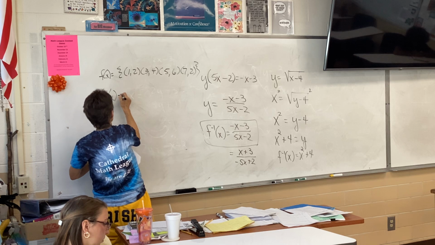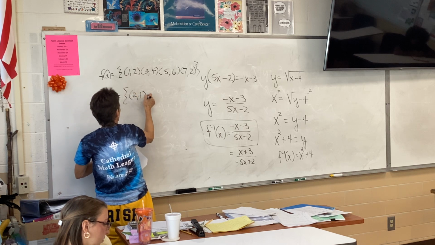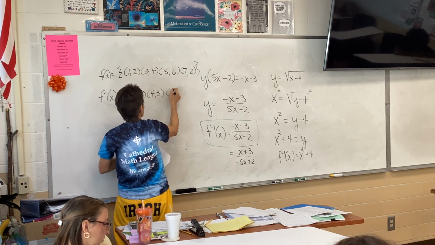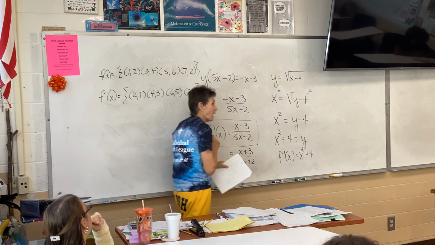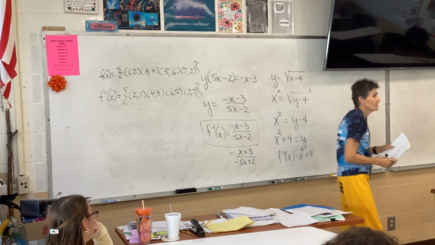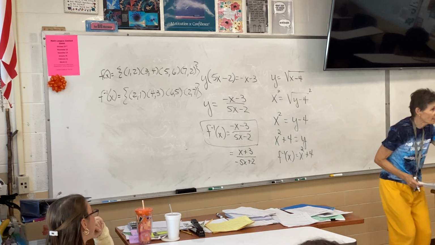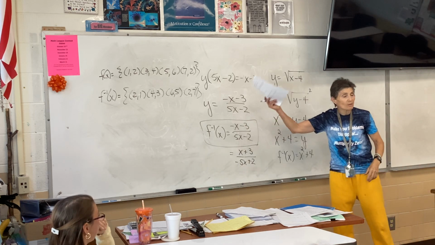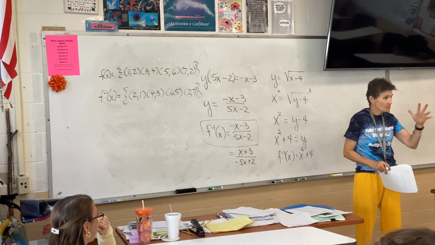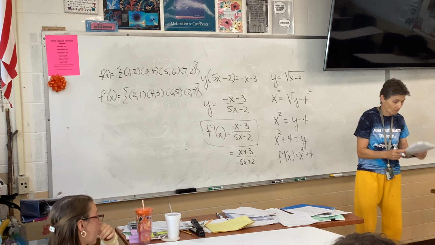The inverse is 2, 1, 4, 3, 6, 5, and 2, 7. Why is that? Because what do inverses do? Switch x and y. Whether it's in an equation or in an ordered pair, you switch x and y. Beautiful.